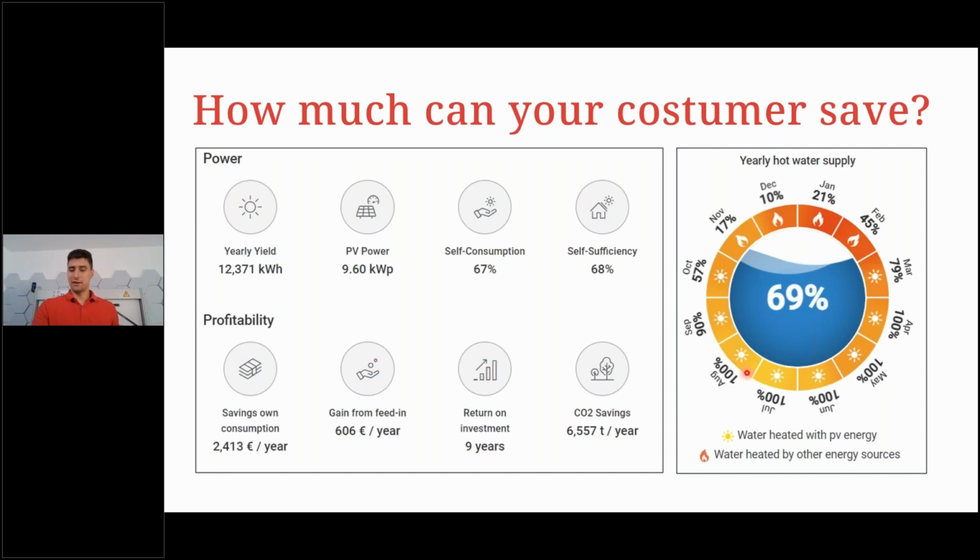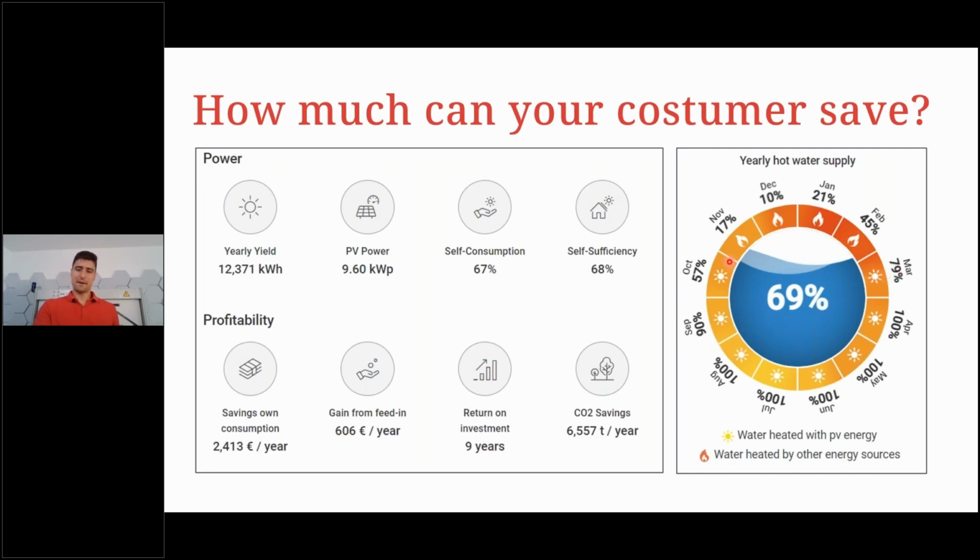On the right hand side, you also see a very good visualization of the water supply. 70% of hot water need is covered. You can see from April until August, 100% of hot water is done by your PV system.